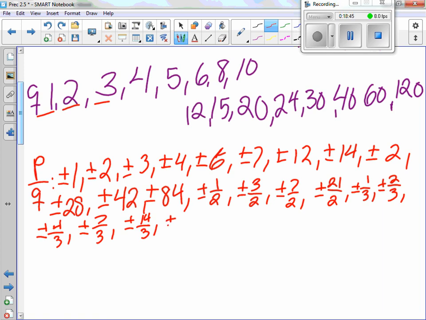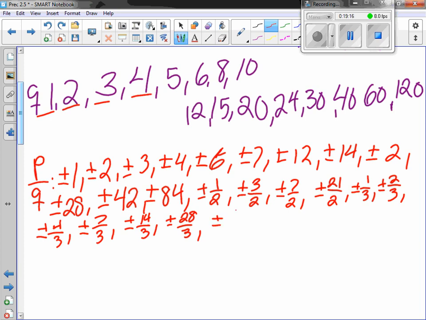Very tempted to say it does, but it doesn't. 42 does. 84 does. 42 divided by 3 would be 14. We have it. 84 divided by 3 would be 28. And we have it. So we're good with 3.